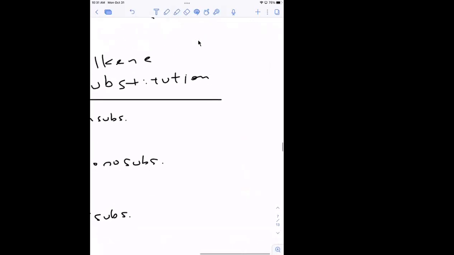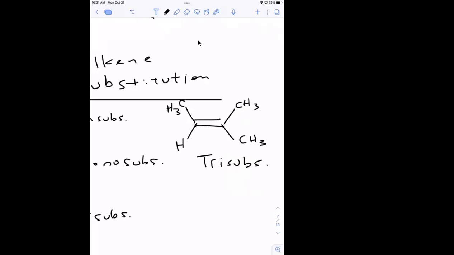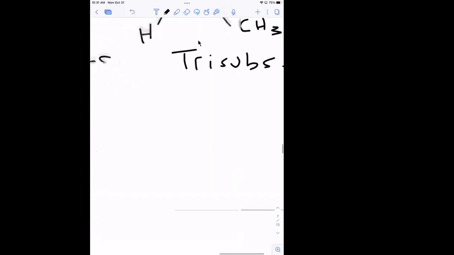If I add three carbons, what do you think? Tri-substituted. It's a pattern. And then four carbons, it will be tetra-substituted.